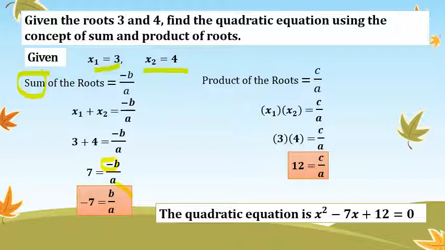So ito, or yung negative 7 natin, siya ang magiging value ng b. Then, ito naman yung c over a, yan naman ang gagamitin natin for the value of c. Kaya ang quadratic equation ay x squared minus 7x plus 12.